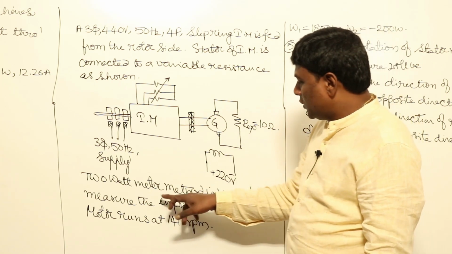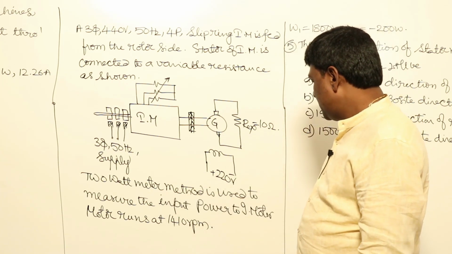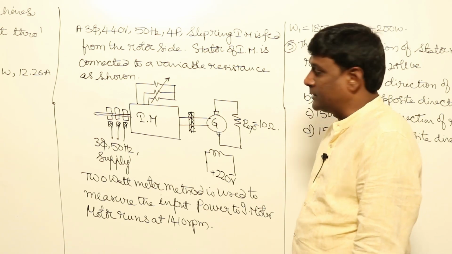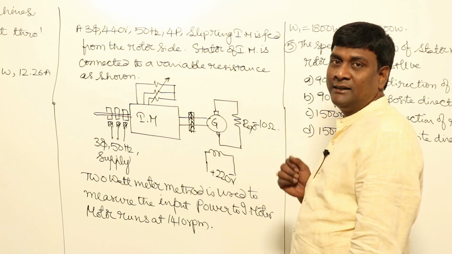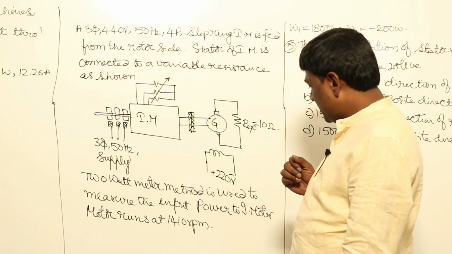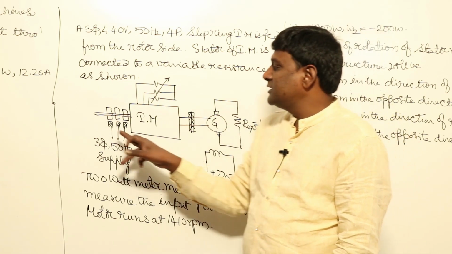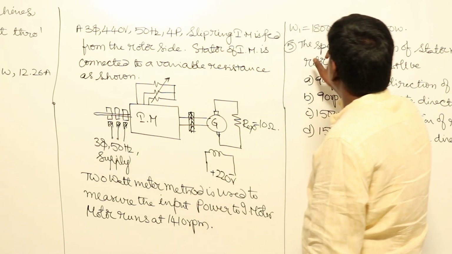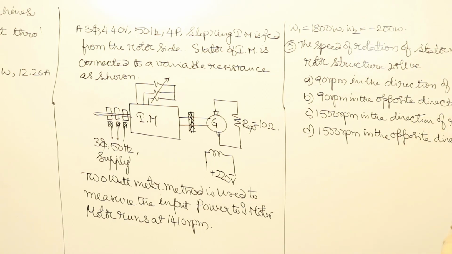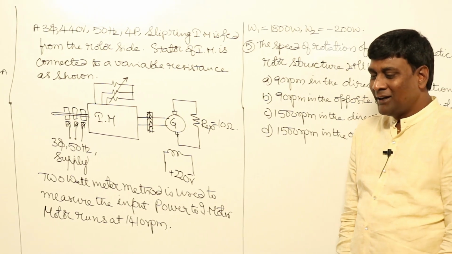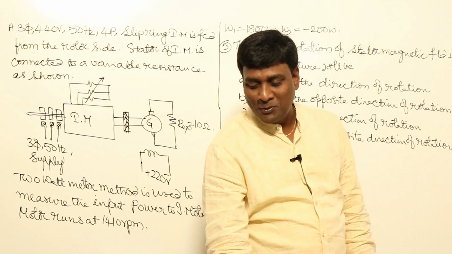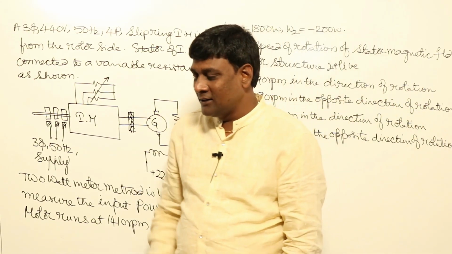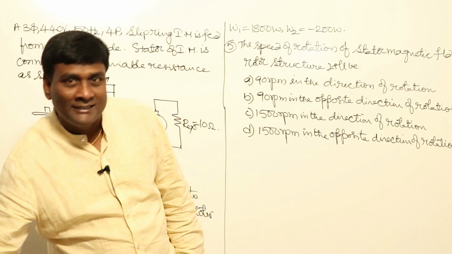Now the 2 wattmeter method is used to measure the input power to the induction motor, which runs at 1410 rpm. Those wattmeter readings are 1800 watt and minus 200 watt. Actually, this particular question is very intelligently given. I'll show you at the end why I said this statement.